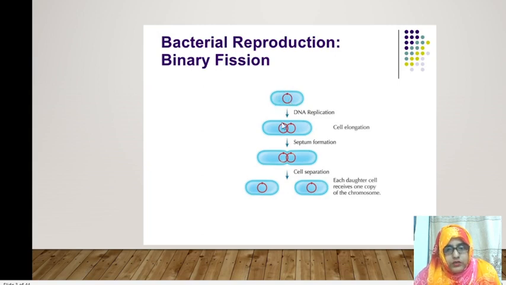This DNA molecule shares its material and divides into two, and then these two nuclei separate out, and each nucleus is present in each daughter cell. The single cell stretches towards both sides, and is divided into two different daughter cells, exactly similar.